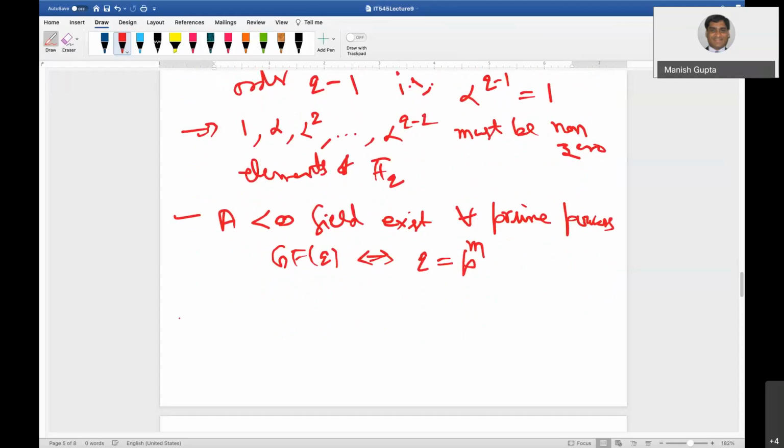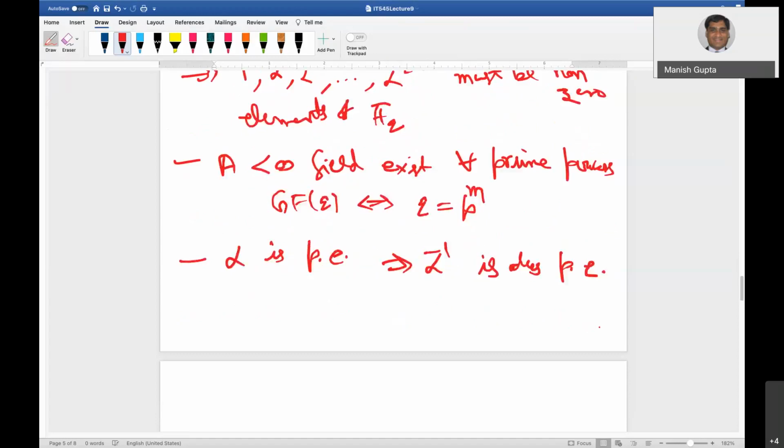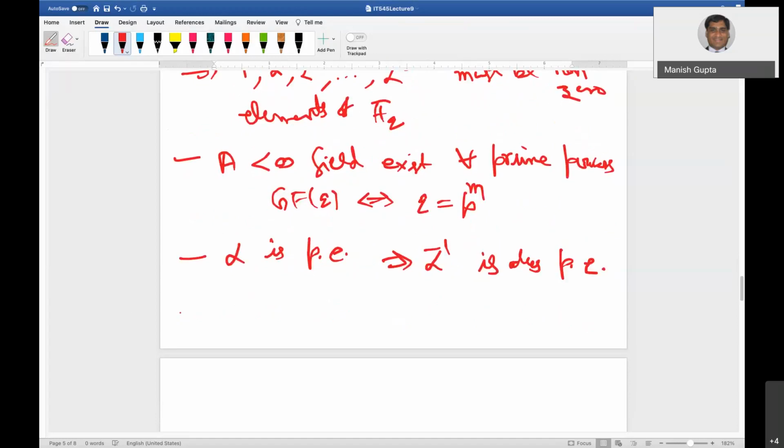Another very interesting fact: if alpha is a primitive element, this implies that alpha inverse is also a primitive element in a field. So now we can check, say in GF4, alpha is a primitive element, we know that.